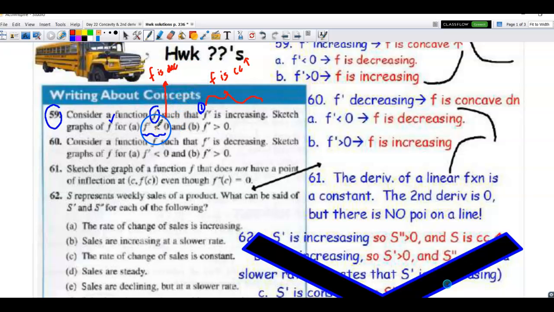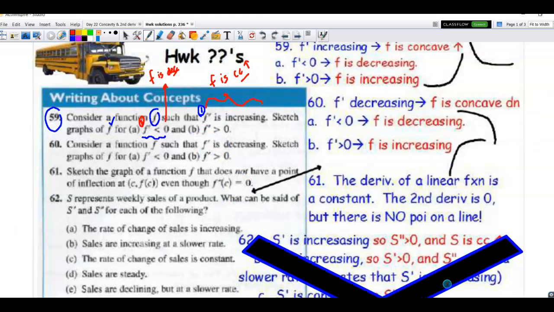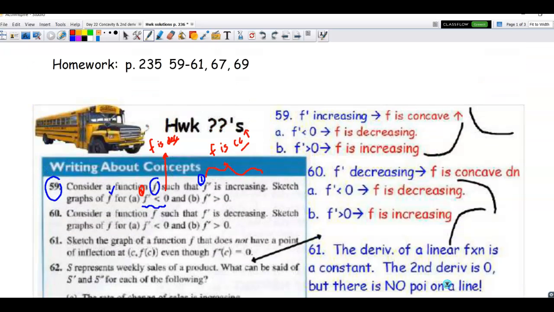So that was my second criteria right here for A. I'm trying to draw a graph that decreases, goes down, and is concave up. So if I want a graph that goes downward and is concave up, I'm going to draw in number 59 something that looks like this. The graph is decreasing. This is my original function f. So decreasing and concave up.